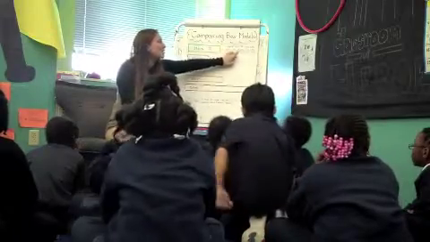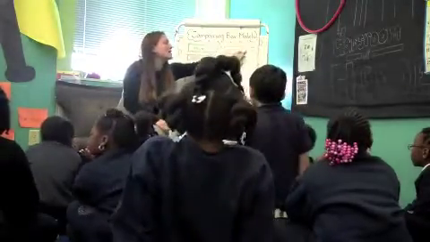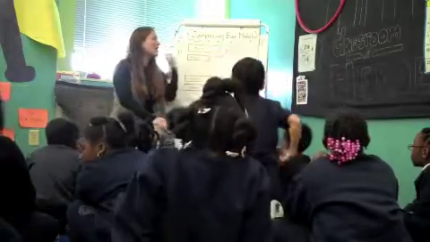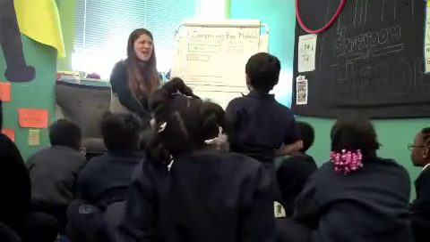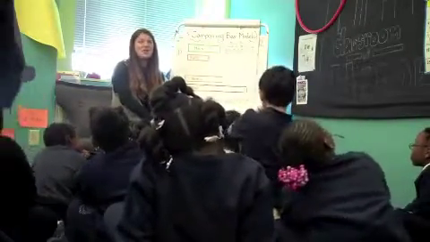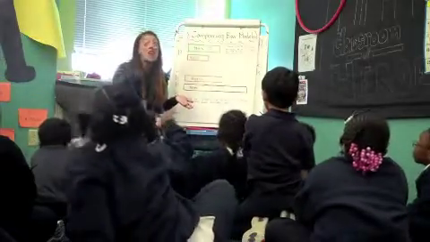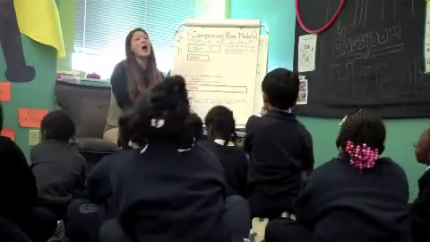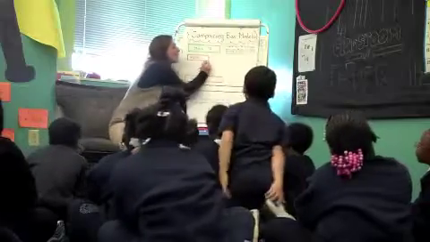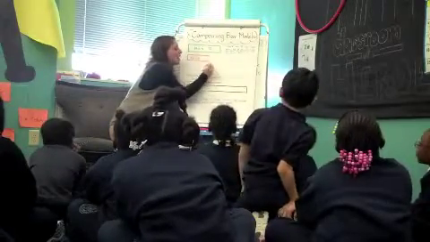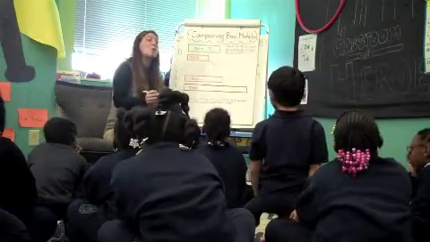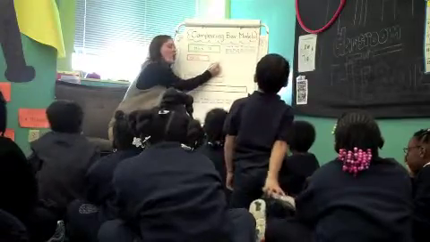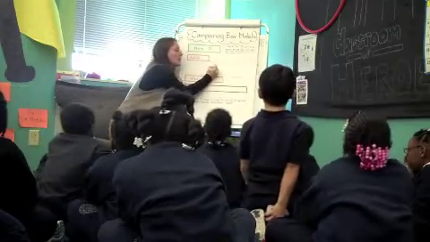Ayana has 14 less comic books than Mark. Do I know how many Ayana has? No, I know she has 14 less, but I don't know how many. So when we know how many she has less or how many more, we draw this triangle and we write the number here.